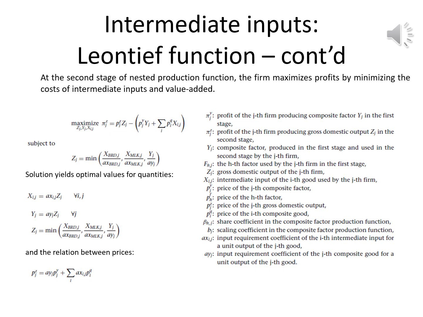Then we get py times yj. This is the first term in brackets here, plus there's a sigma operator, the sum operator, and you see inside that operator pi with superscript q times xij.